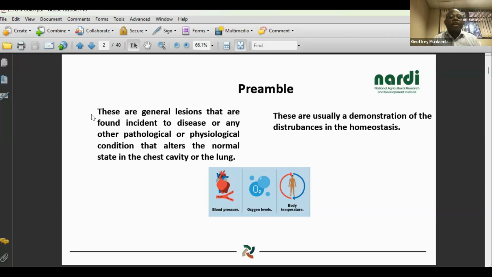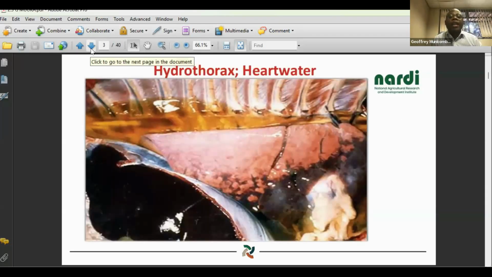And these are generally very common that you find. You will find, say, hydrothorax, which is generally water in the thoracic cavity. If you look at the upper side, generally in the lung cavity there, you tend to see that there's quite a lot of water in there. This can be caused by a number of conditions.